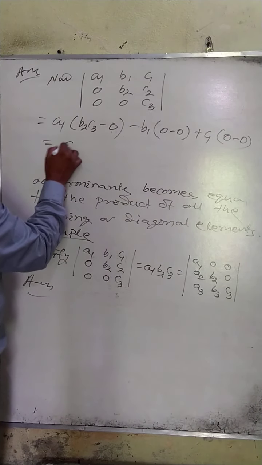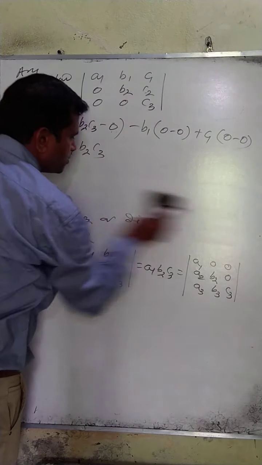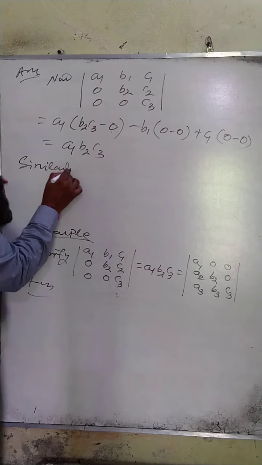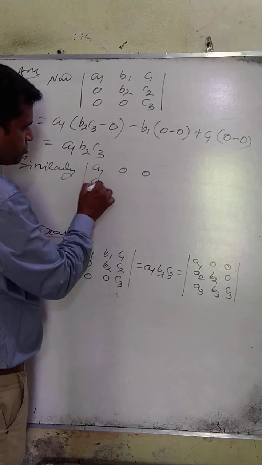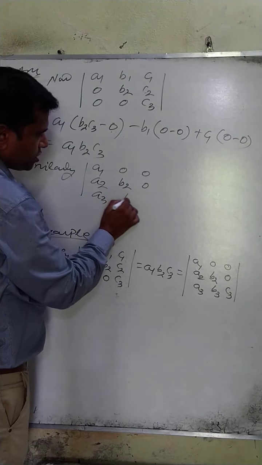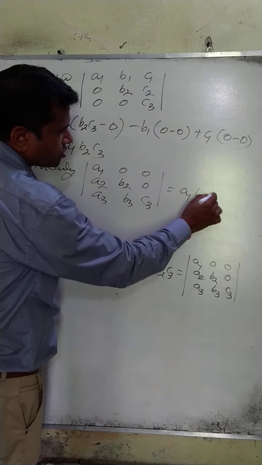Okay, that equals A1 B2 C3. Similarly, we can show the determinant A1 0 0, A2 B2 0, A3 B3 C3 equals A1 B2 C3.